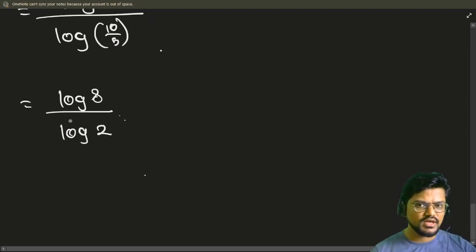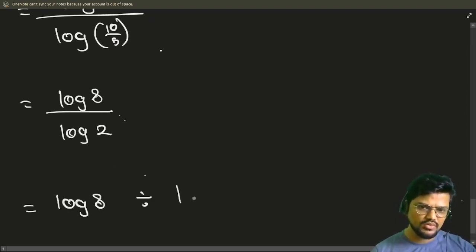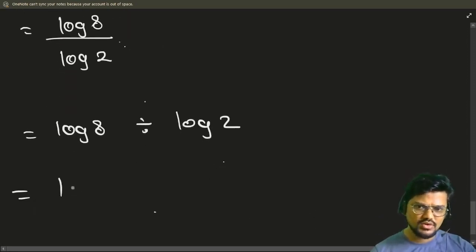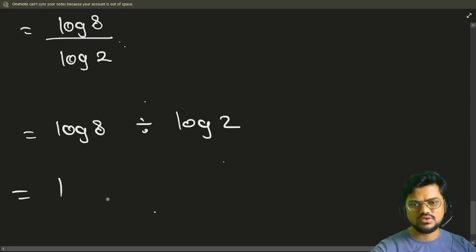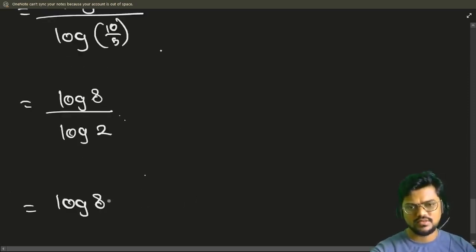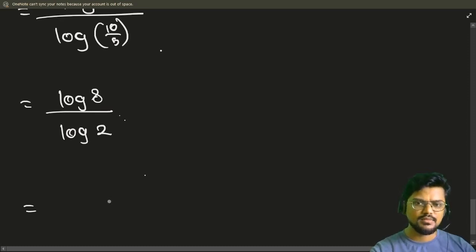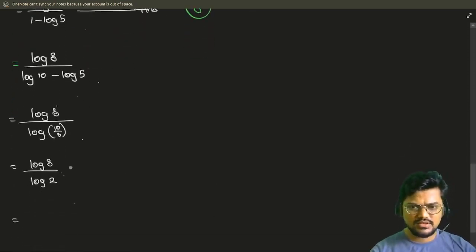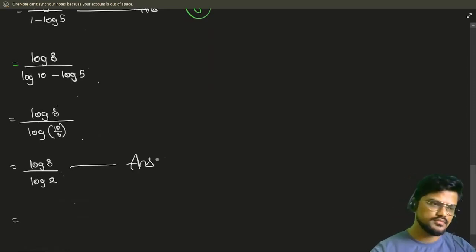Now again, these are in division, that is log 8 divided by log 2. So log 8 divided by log 2 is how much? It is division, so you cannot cancel the log. This can also be your final answer.